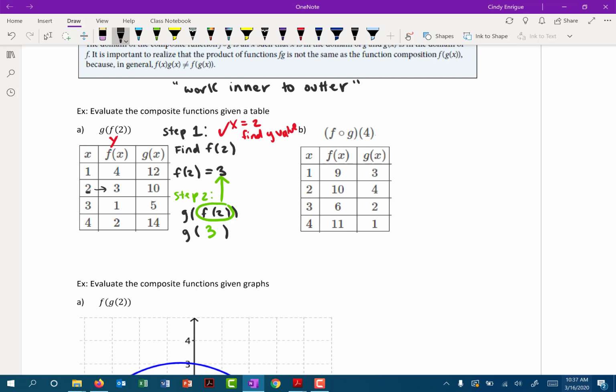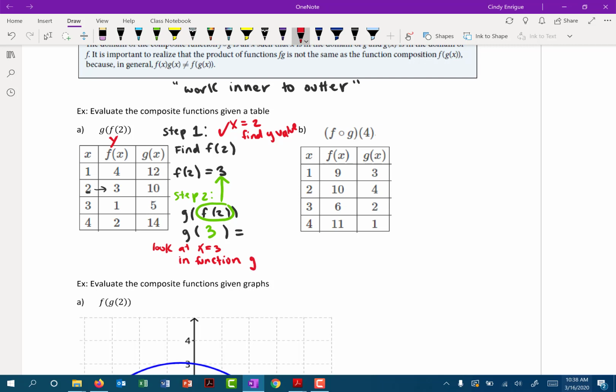So now here is our new problem. We need to find g of 3. So now we're going to be looking at our g function. So okay, so now look at x is equal to 3 in the function that we call g.